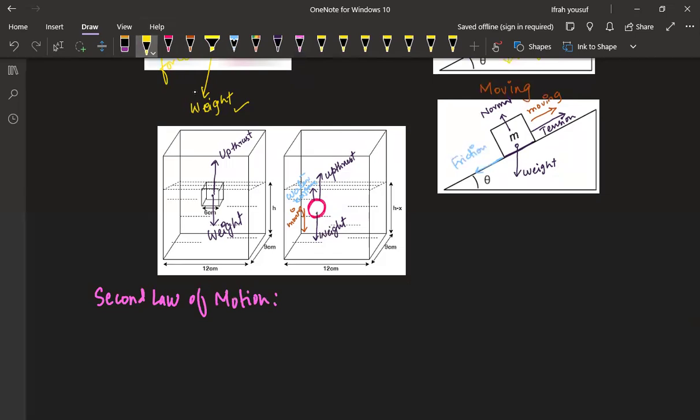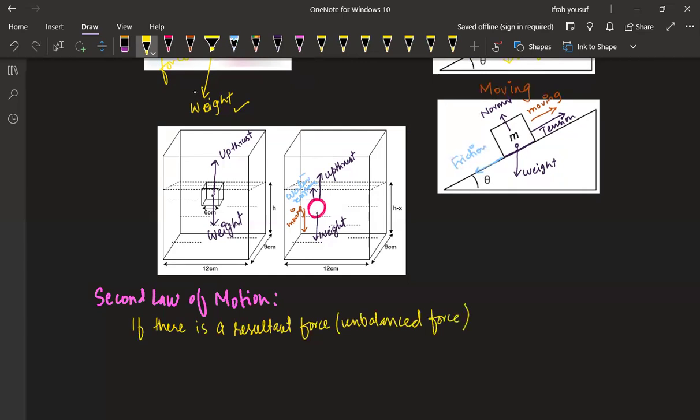All right, so the second law of motion states that if there is a resultant force, that must be unbalanced, okay? Because I have already spoken about unbalanced forces in the previous class.